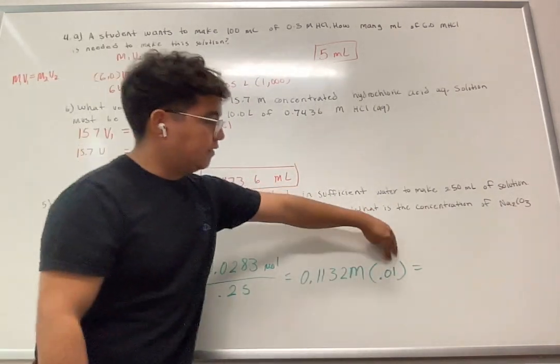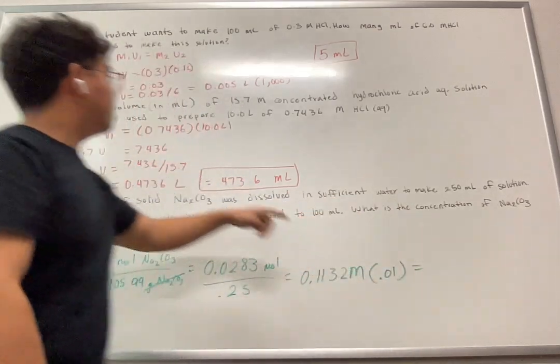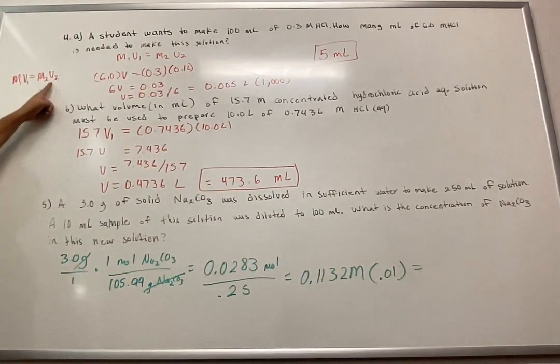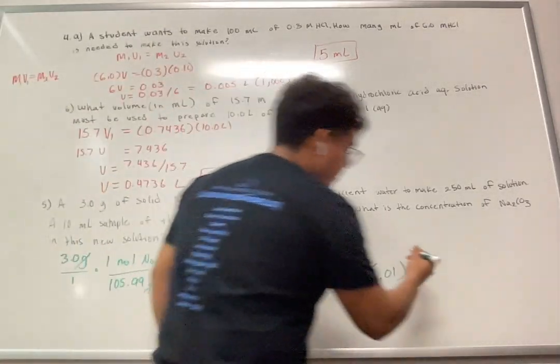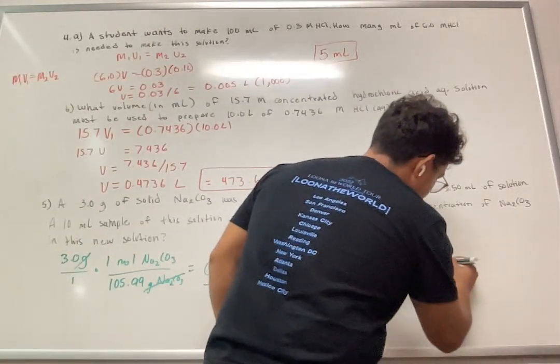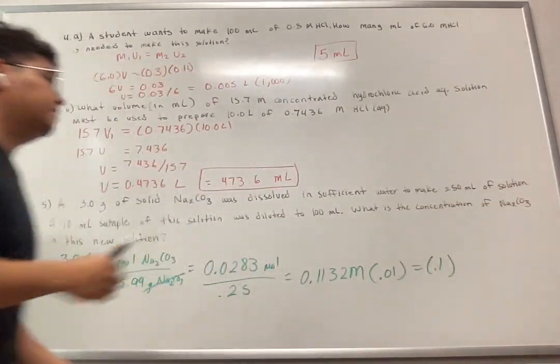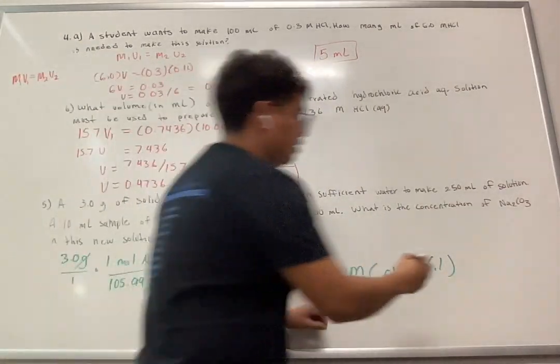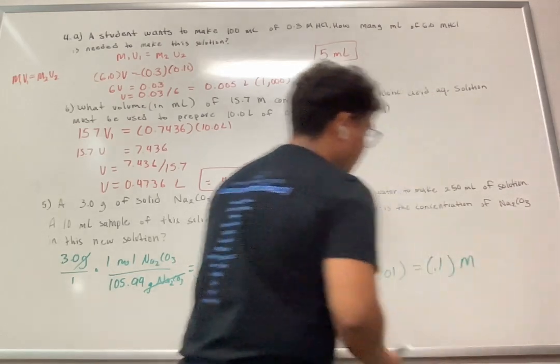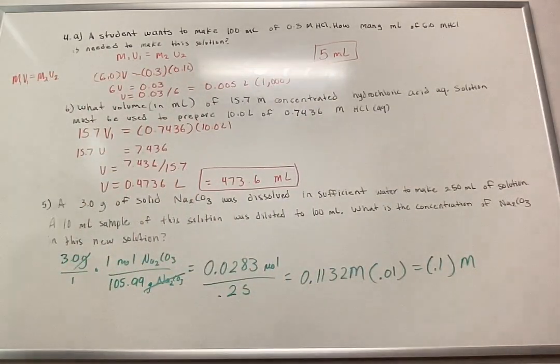M1 V1 equals M2 V2. V2 is 100 milliliters or 0.1 liters. So 0.1 liters times the concentration, or the M, of my new dilute solution.